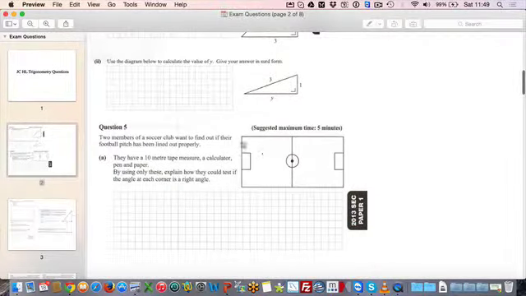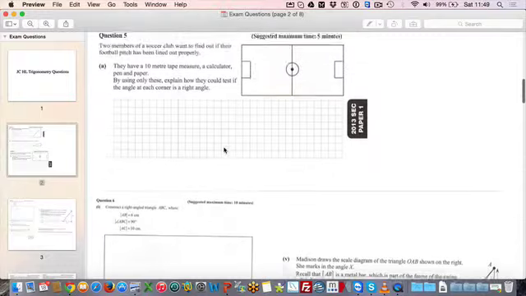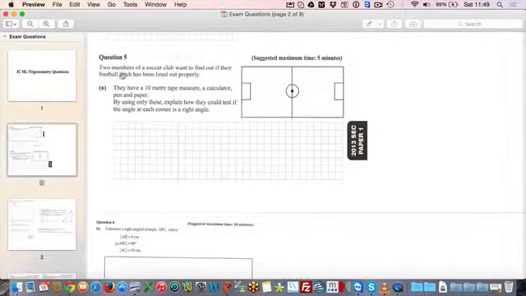Okay, that one shouldn't be there, sorry. Here. Two members of a soccer club want to find out if their football pitch has been lined up properly. They have a 10-metre tape measure, a calculator and a pen and paper. By only using these, explain how they could test if the angle at each corner is a right angle.